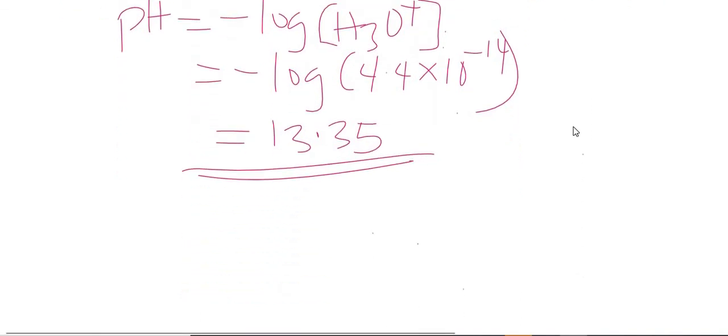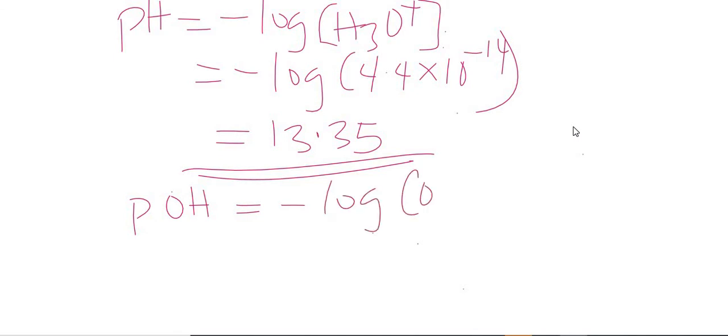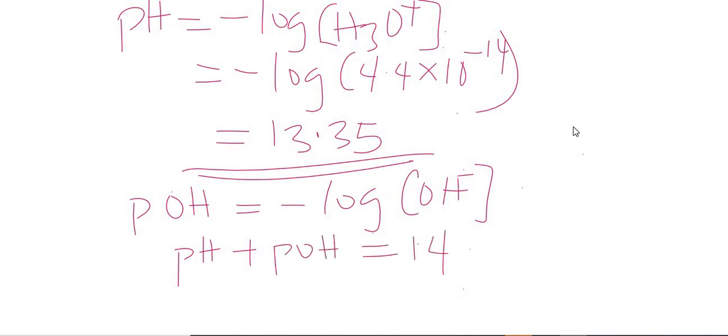Another route we can take is to find the pOH, which is the negative log of the OH concentration. Whatever we get, pH plus pOH is equal to 14, so pH is equal to 14 minus pOH.